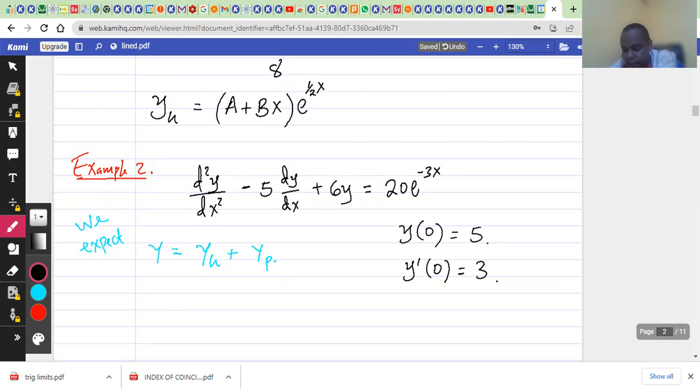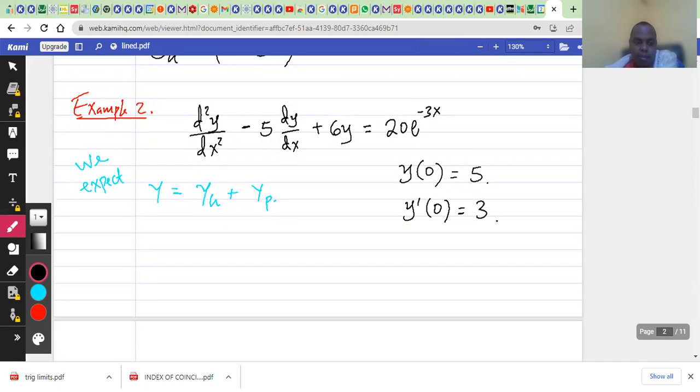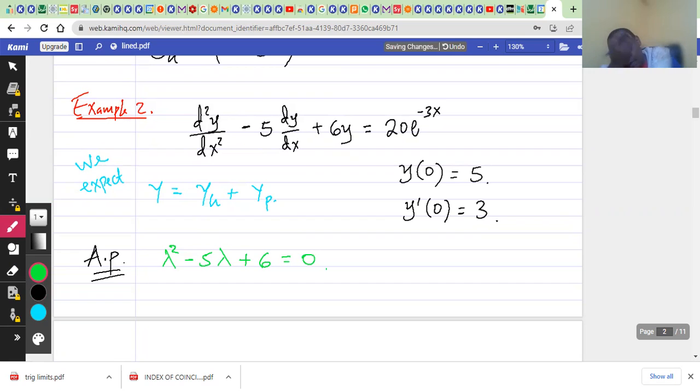So we can start off by looking for the homogeneous solution, YH. The associated polynomial is lambda squared minus 5 lambda plus 6 equals 0. What will be the solution?